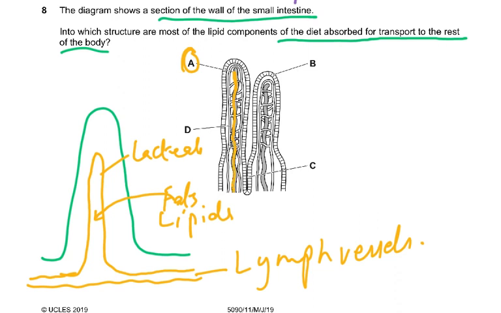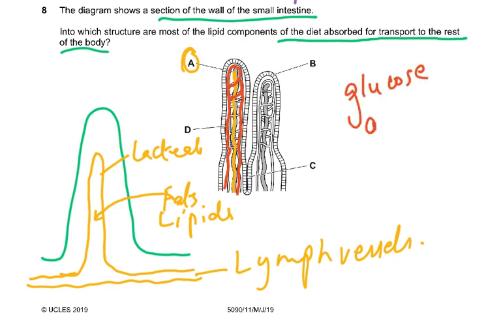And then if you can see this part, these are all the blood vessels. This would be the capillary network where in the capillaries would enter the glucose and the amino acids.